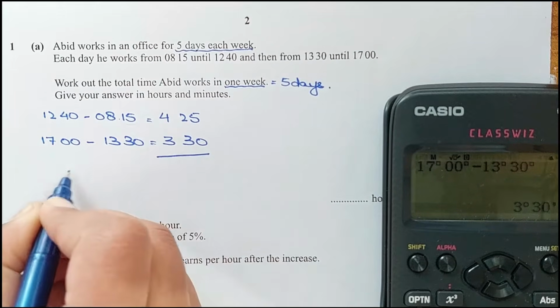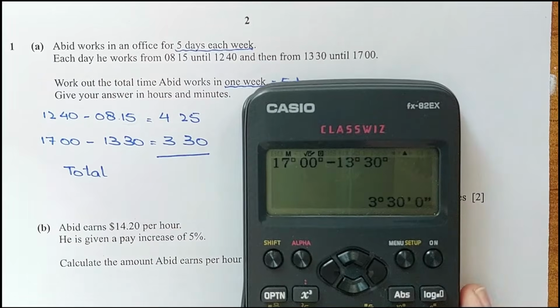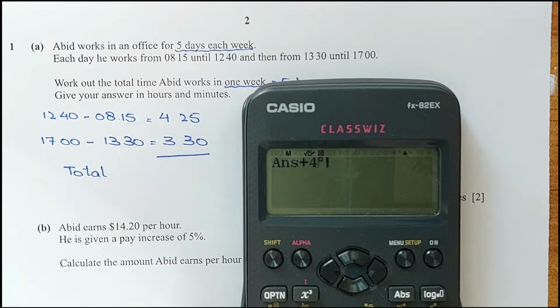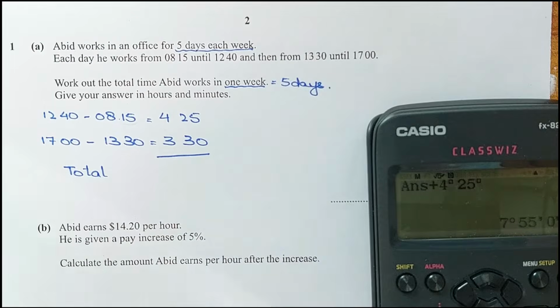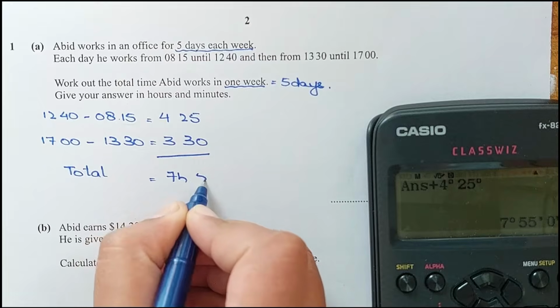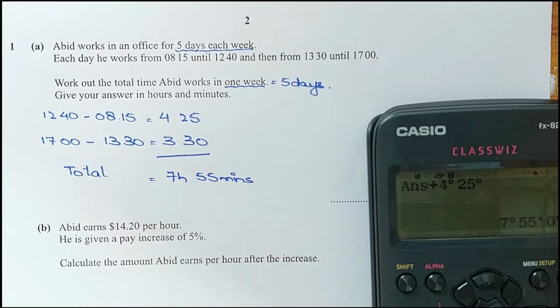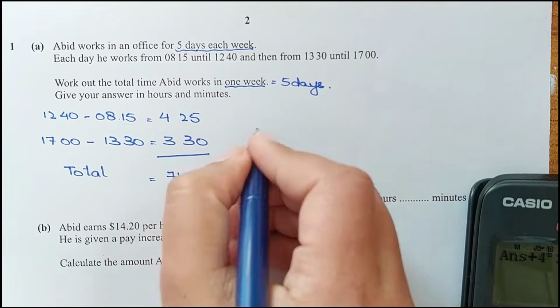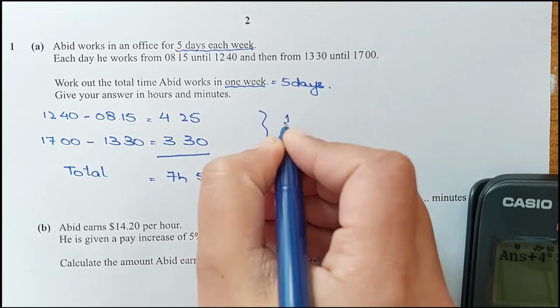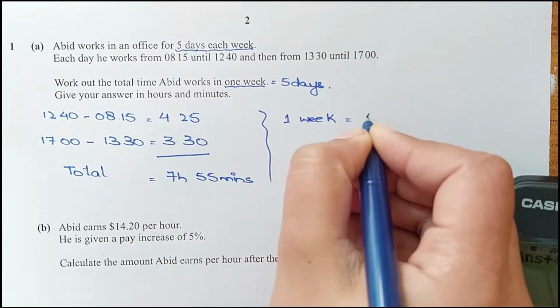So the total he works each day is 4 hours 25 minutes plus 3 hours 30 minutes, which is 7 hours and 55 minutes in a day. So for 1 week he works 5 days.